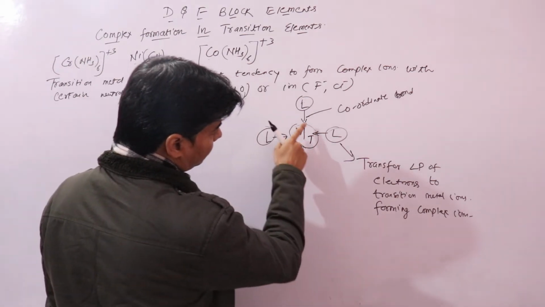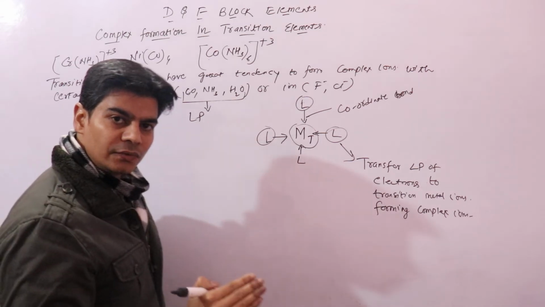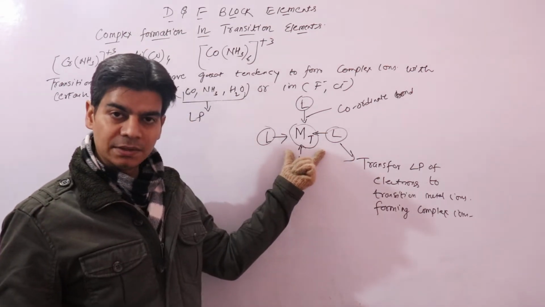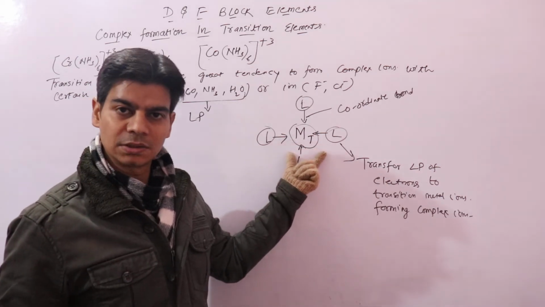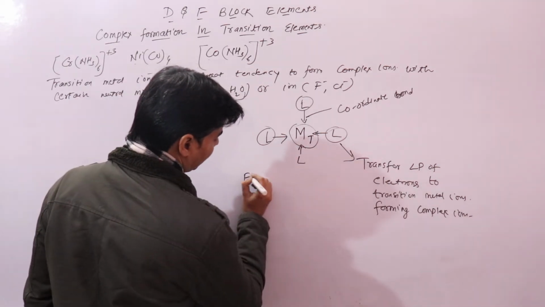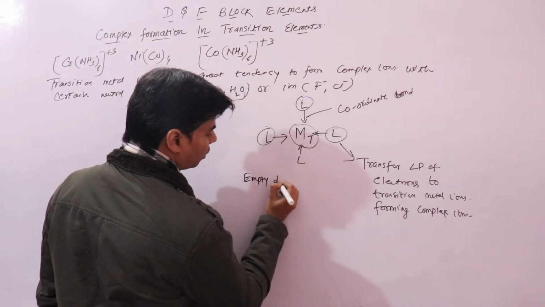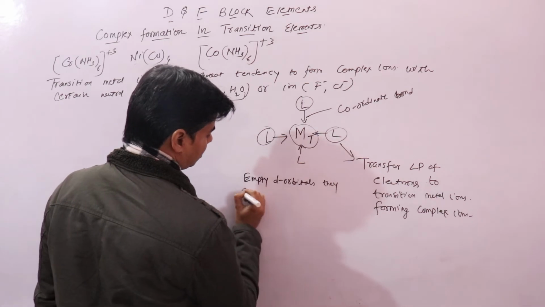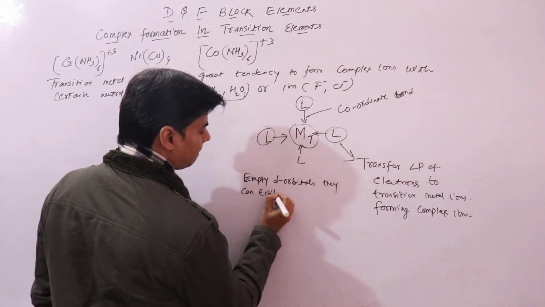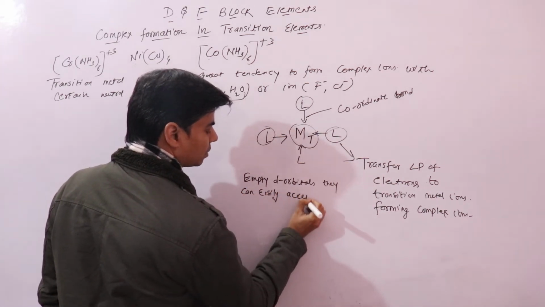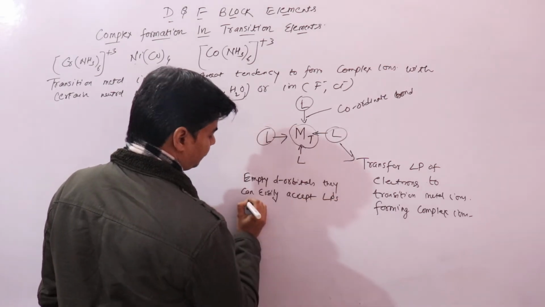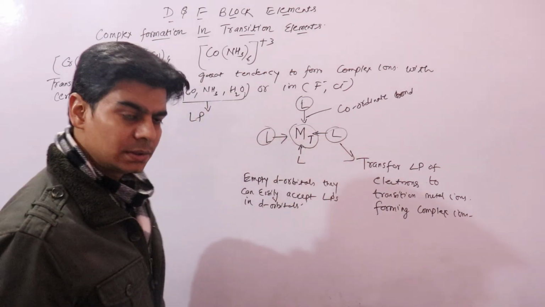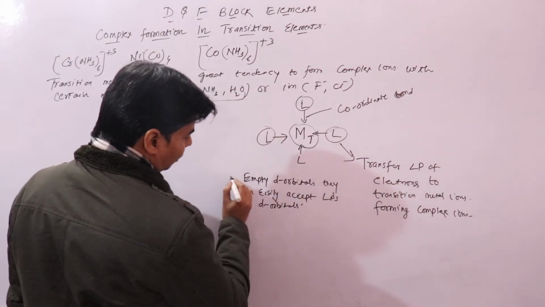Since I said that these ligands will donate lone pair of electrons to these transition metal ions, and since transition metal ions, we know, have empty d orbitals, they can easily accept lone pair of electrons in their empty d orbitals.